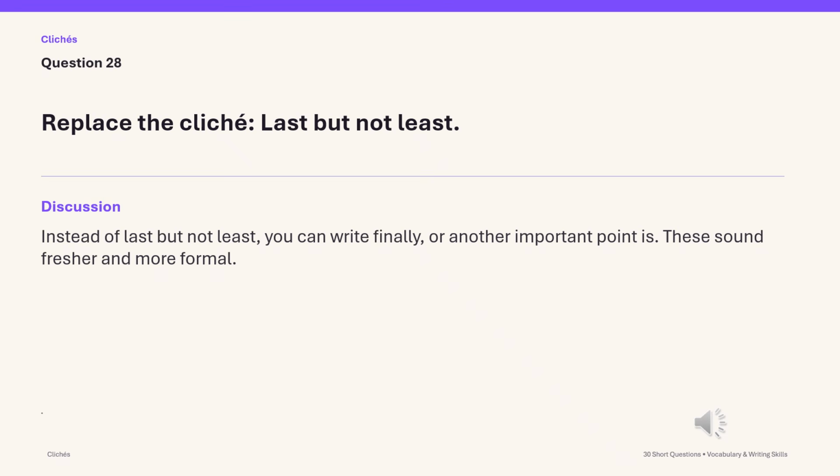Instead of using it, we can say finally, or another important point is. So, using fresh and clear expressions makes our writing look and sound more professional. So, cliches are overused expressions and should be replaced in formal writing. The definition must also be considered important for your short questions.